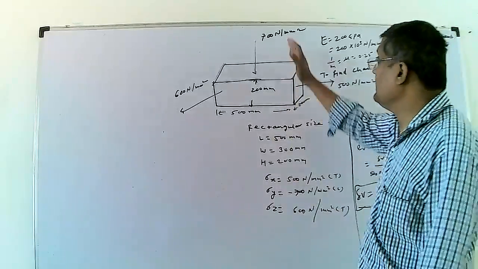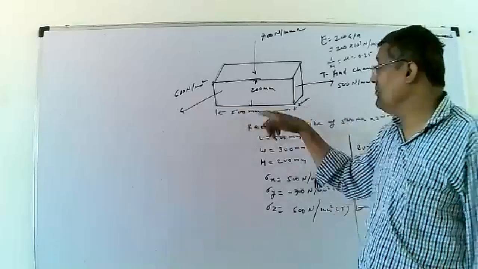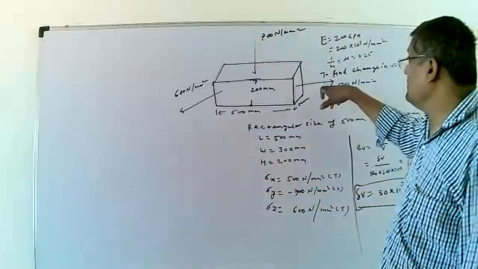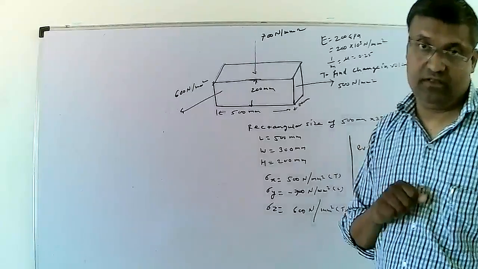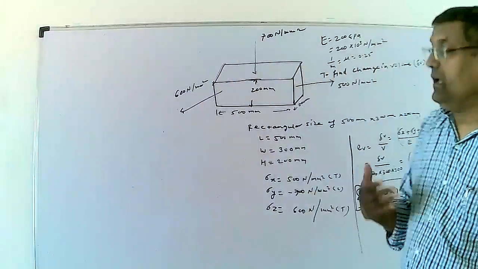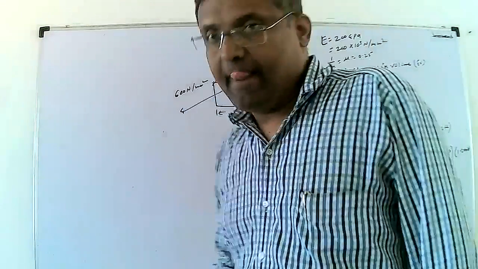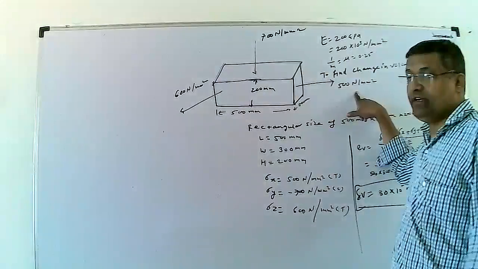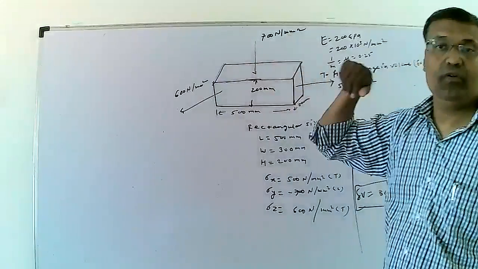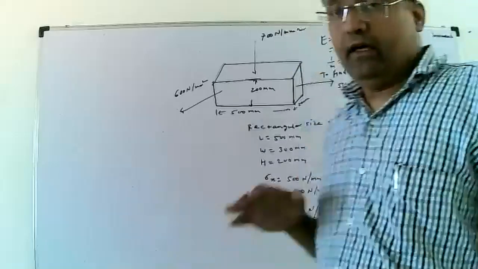The diagram is provided. This is the diagram. Rectangular block of size 500 by 300 by 200 mm, which is subjected to three different forces, which means stress is induced along three different directions, x, y, and z. Along x direction 500 Newton per mm square, along y direction, compressive, 700 Newton per mm square, and along z direction 600 Newton per mm square.